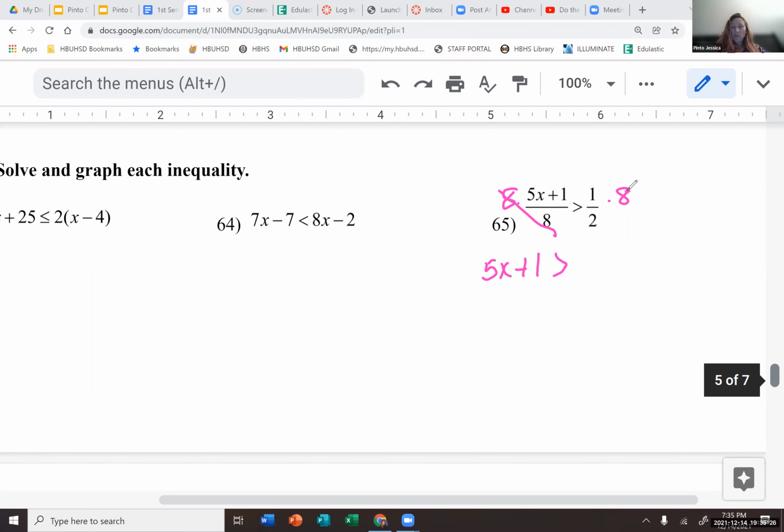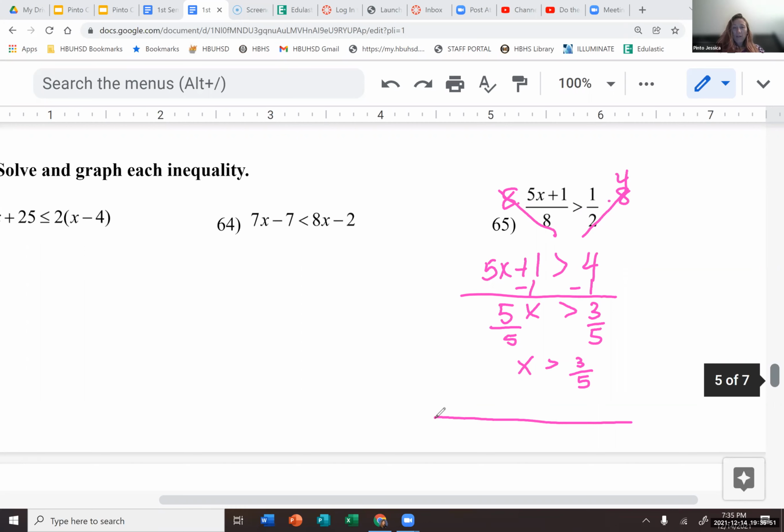And then the 8 cancels with the 2, but there's still a 4 left over. And 1 times 4 is just 4. So this one now looks really nice and easy. I'm just going to subtract 1. That gives me 3. And then here is still 5x. So dividing by 5, I get x is greater than 3 over 5.